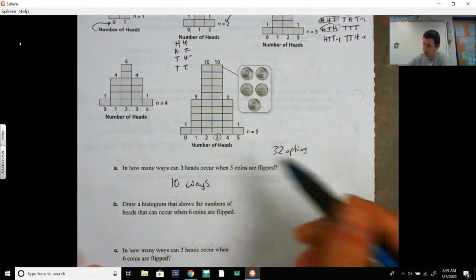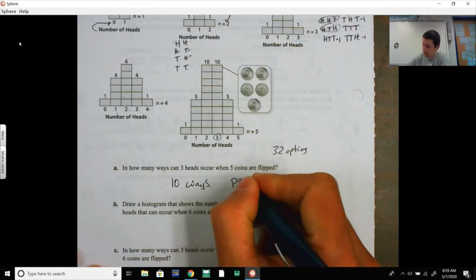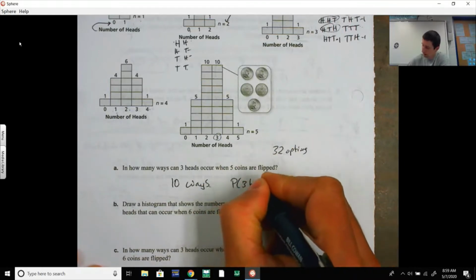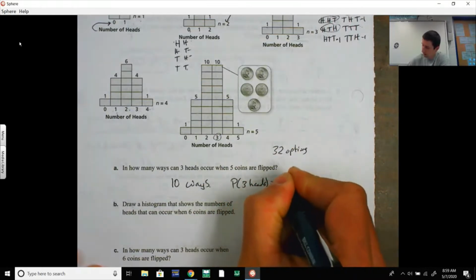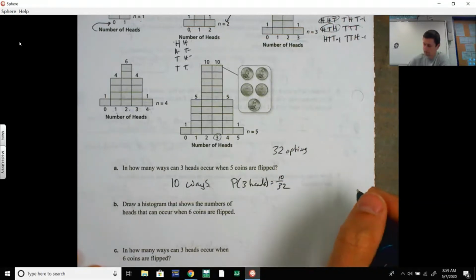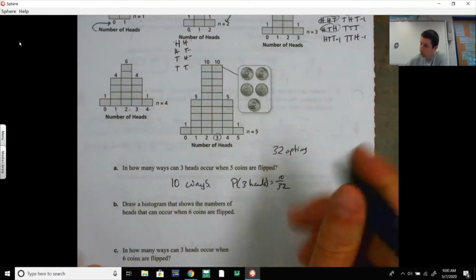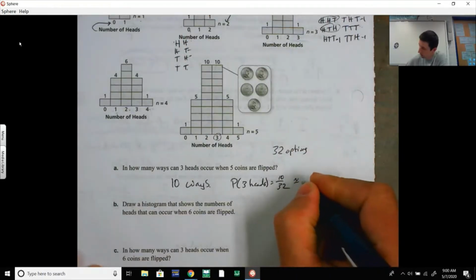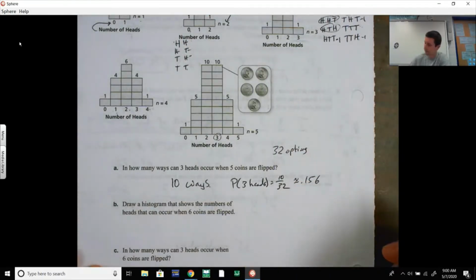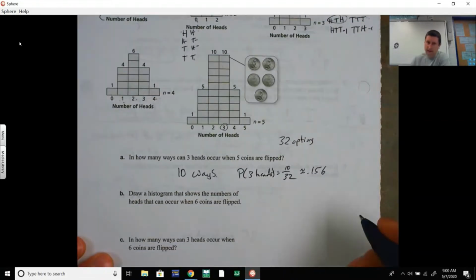So the probability of getting 3 heads would be 10 out of 32, which reduces down to 0.156. So about 15.6%.